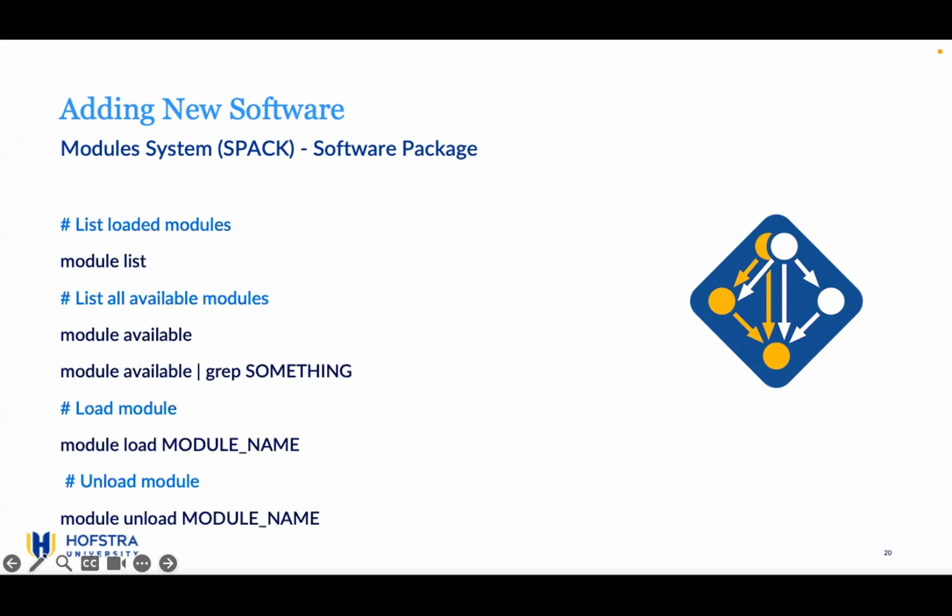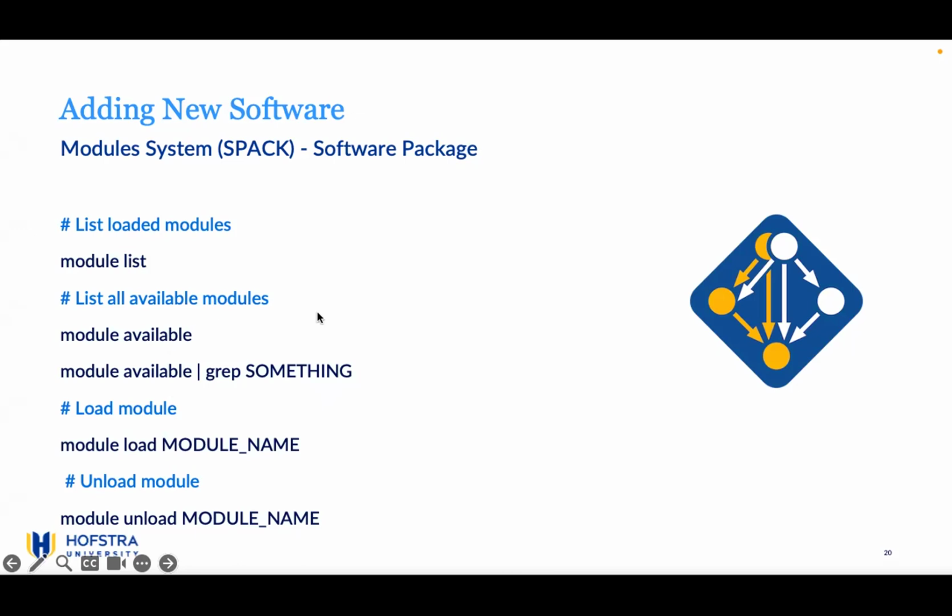And here is a minimal list of the common commands. First of all, module list shows you all modules which are already loaded in your environment. If you want to see all available packages, you can run module avail.